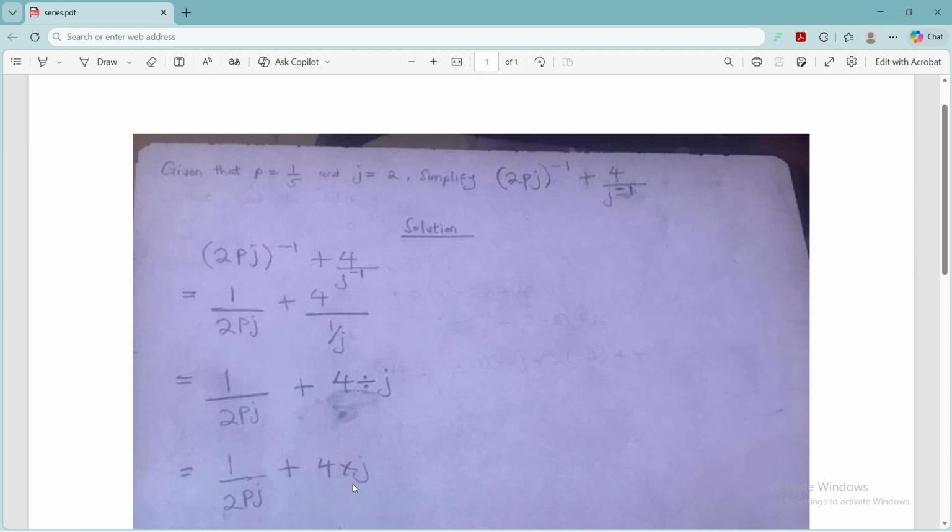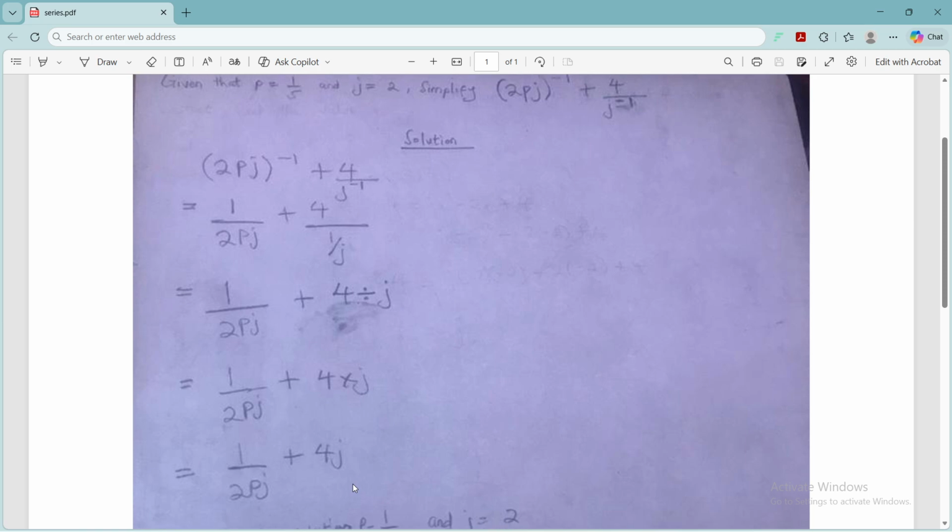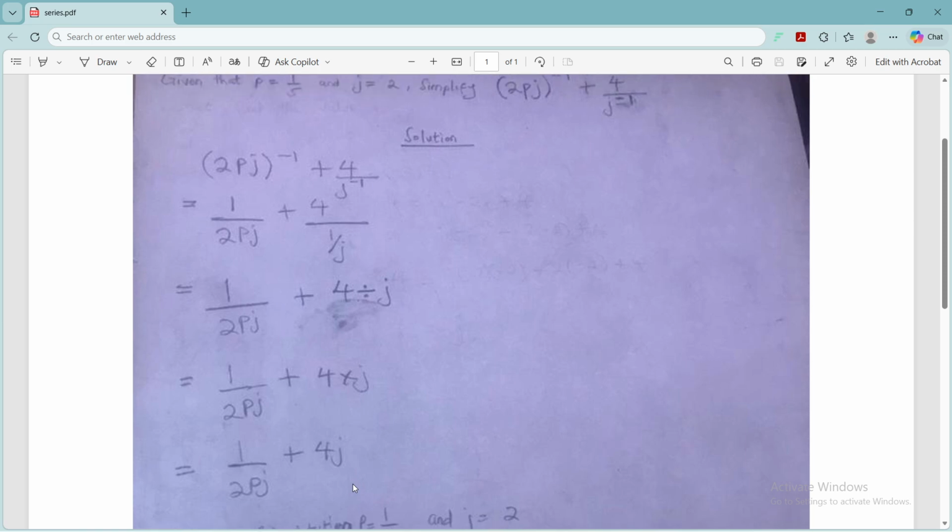So we are going to have the fraction 1 over 2pj plus 4 multiplying j. So in simplifying further, we are going to have the fraction 1 over 2pj plus 4j, right? Okay, so this is our solved expression.